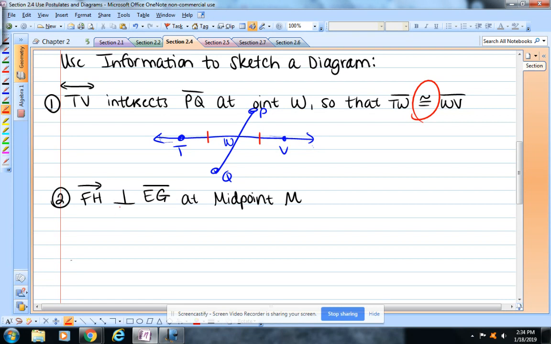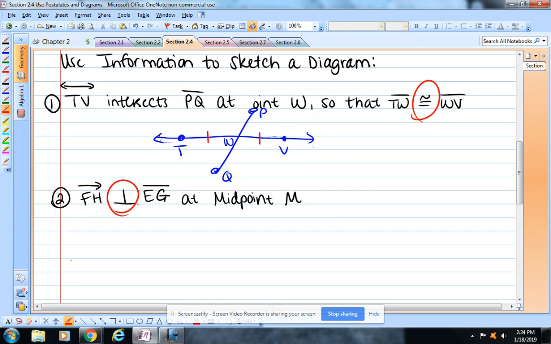All right, here's a nice symbol we need to add to our list. An upside down T looking thing means perpendicular. So perpendicular lines intersect to form what?